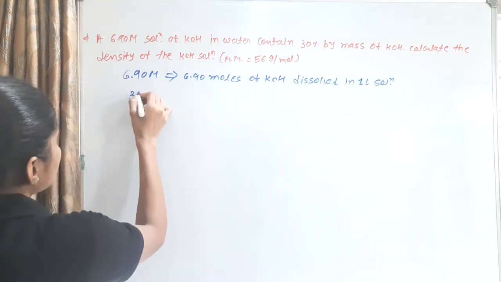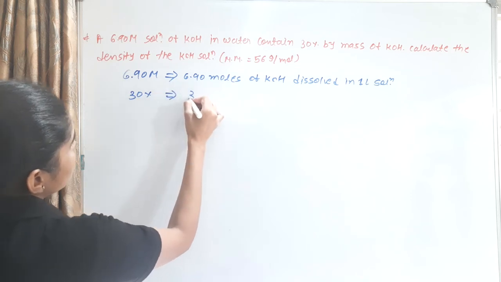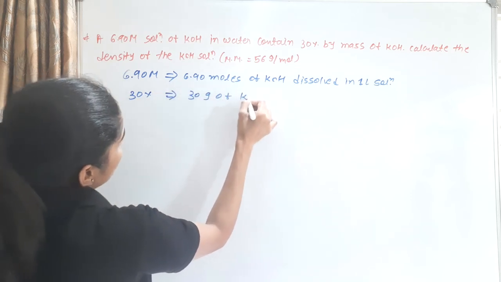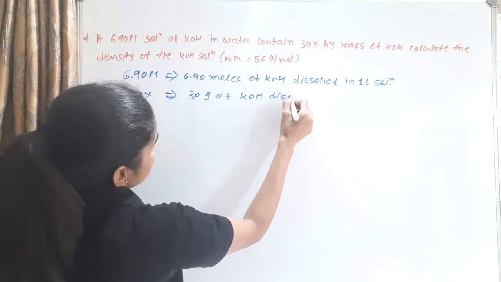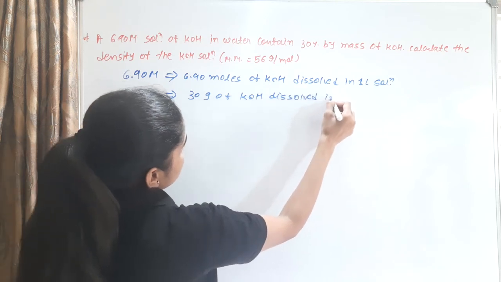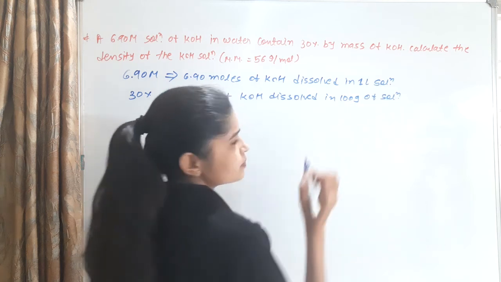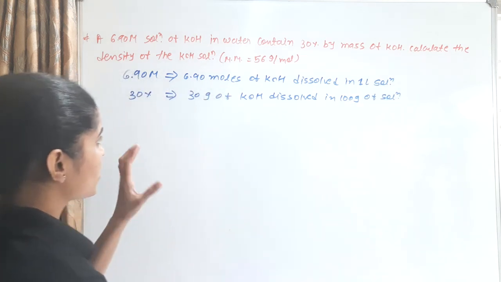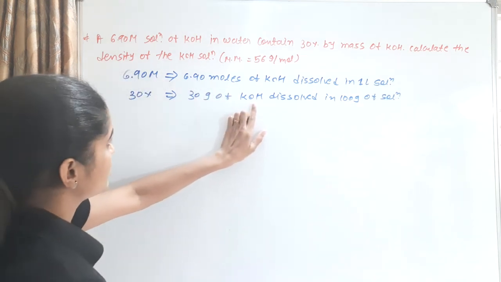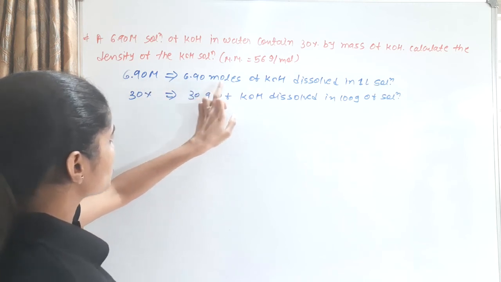And 30% meaning that 30 gram of KOH dissolved in 100 gram of solution. Find out the weight. In this the weight is the 30 gram. And that means the 6.90 mole.